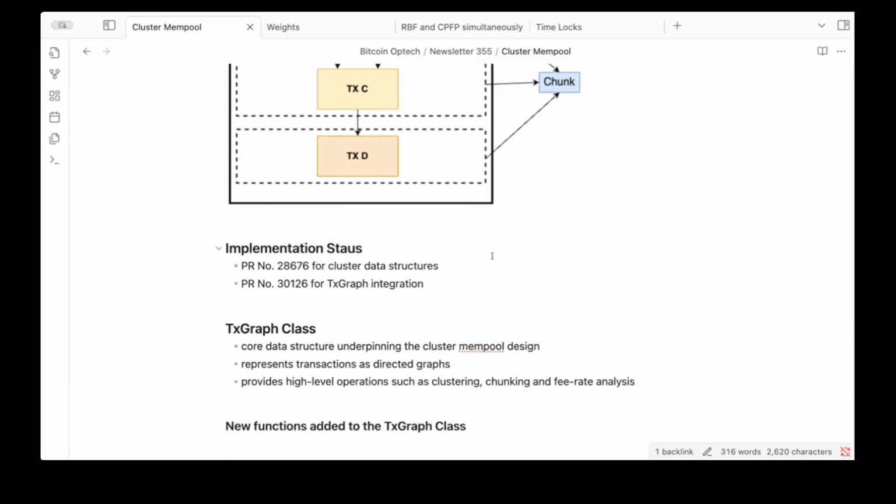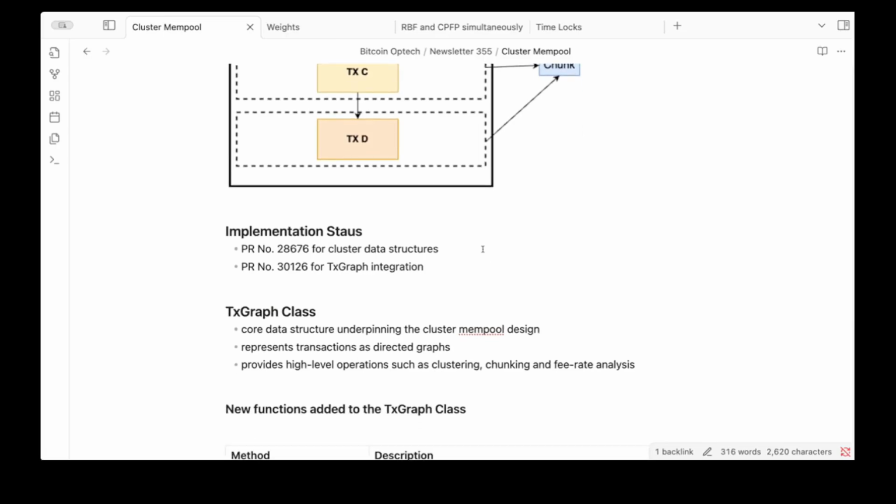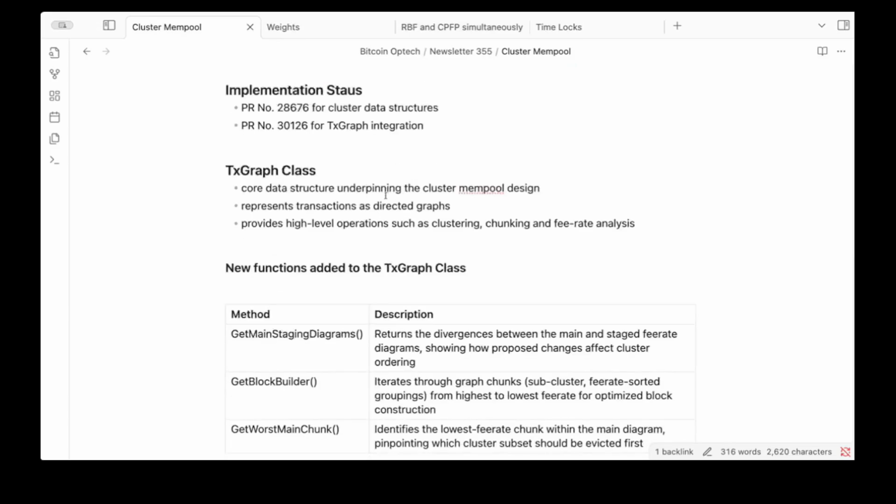So, what is the implementation status of cluster mempools? Now they exist as 2 PRs. One is for the cluster data structure, as we described above, and another is for a class called Txgraph. This Txgraph is the core data structure that underpins this cluster mempool design.